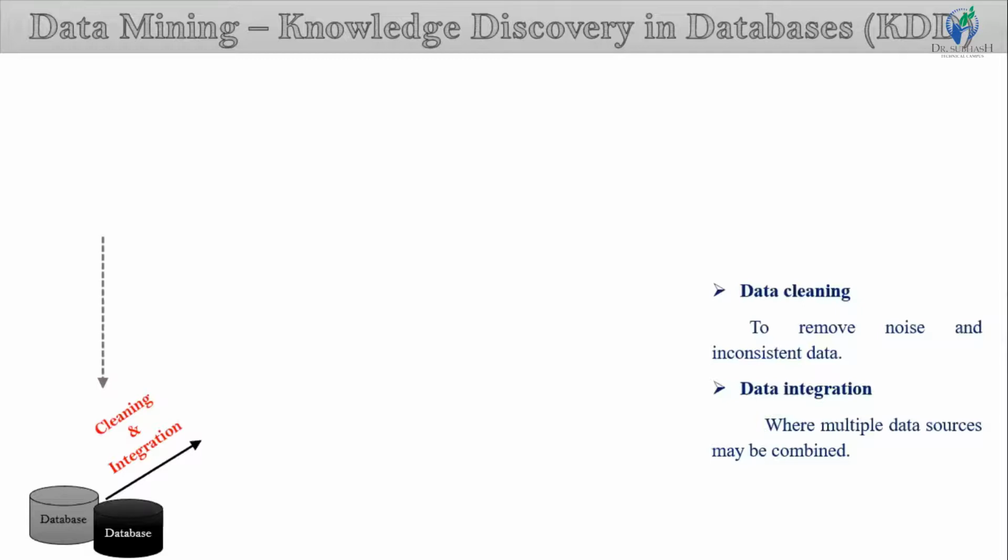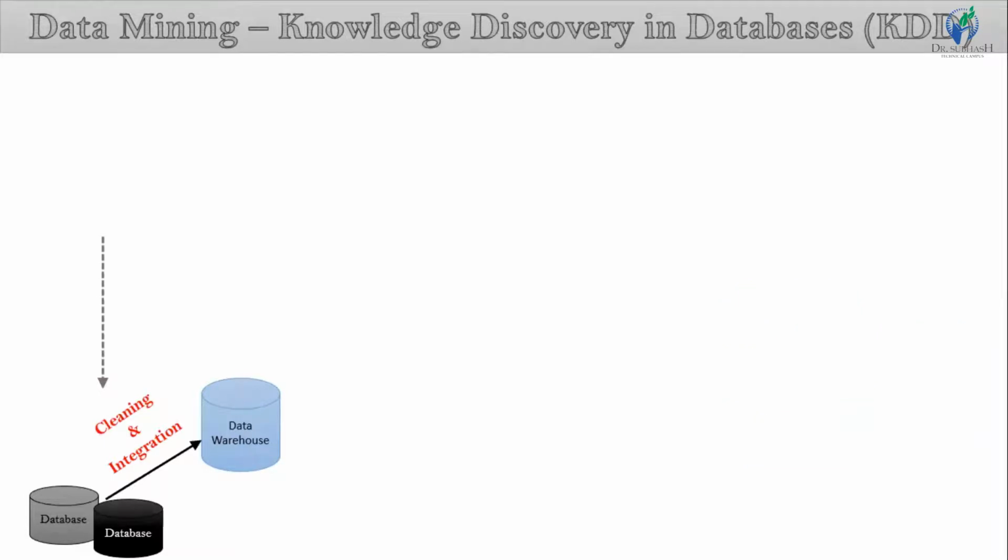With the help of data cleaning and integration, we have created a subject-related data warehouse. Now we apply the data selection and transformation process on that. First I will explain what data selection is.